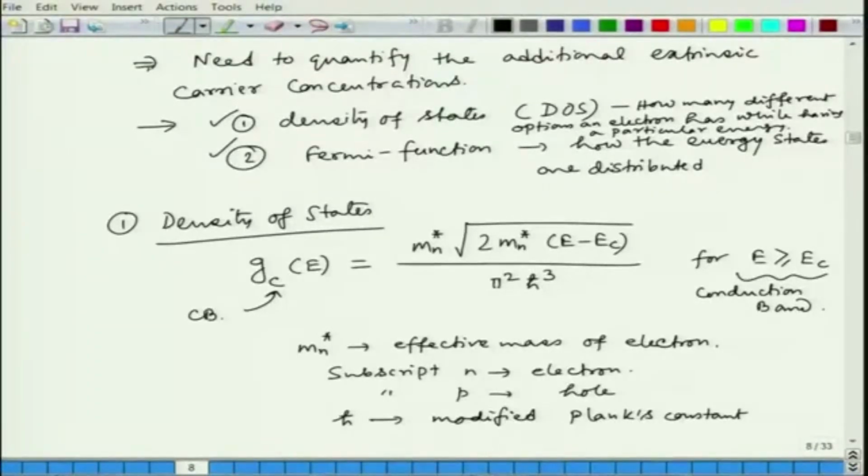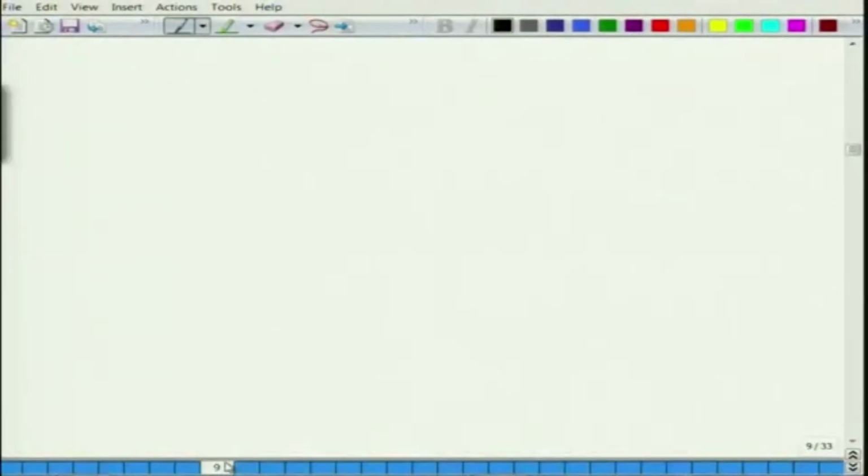Okay. If we have this expression, now similarly we can have the expression for the valence band. Okay. So, this is for the valence band, and what is the density of states there?